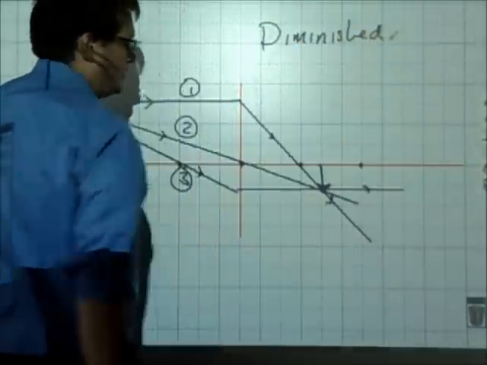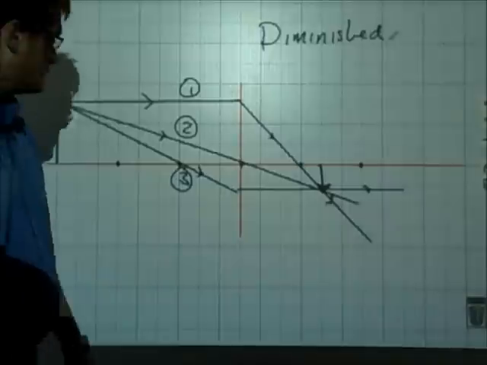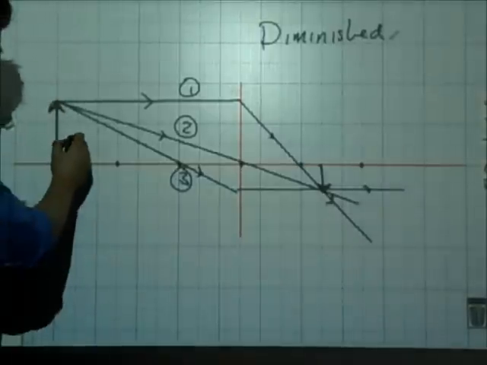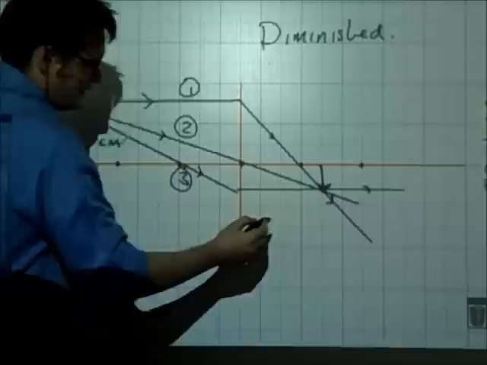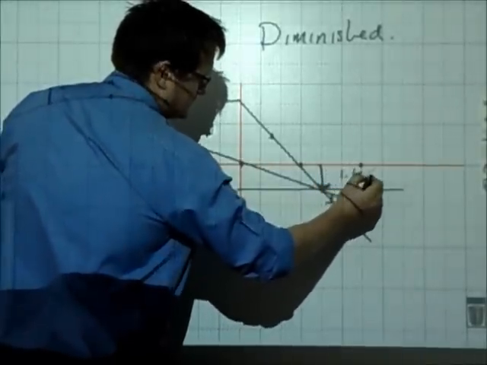Okay? Now, magnification I can actually measure, okay? Because the object is actually 2.5 centimeters tall, and the image is only 1.1 centimeters tall.